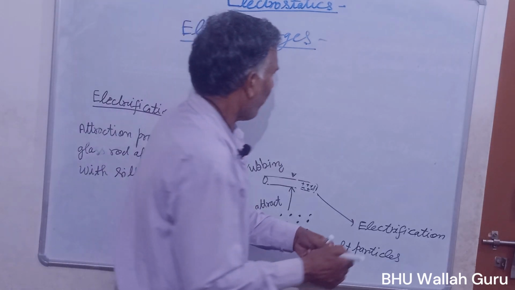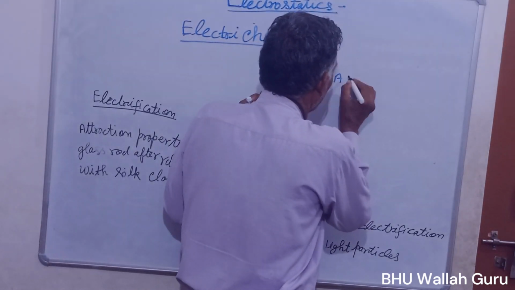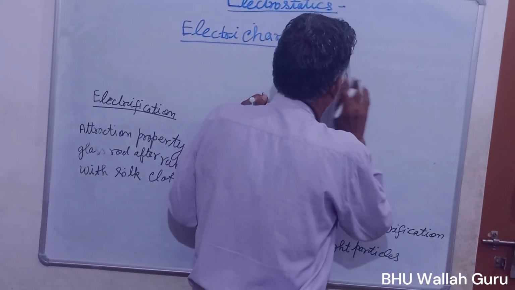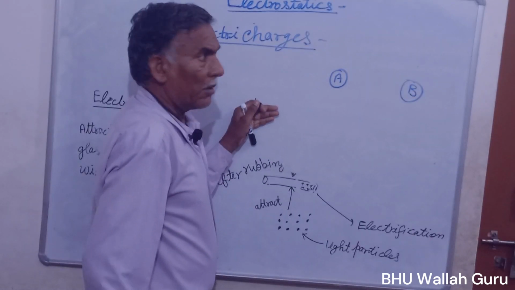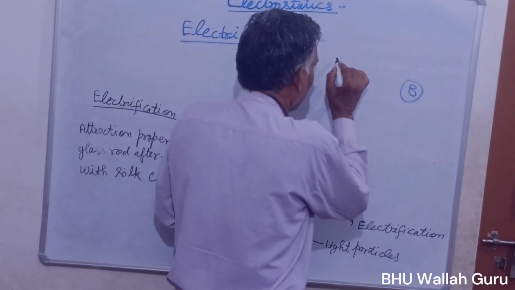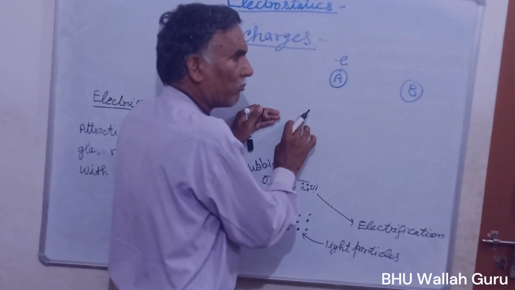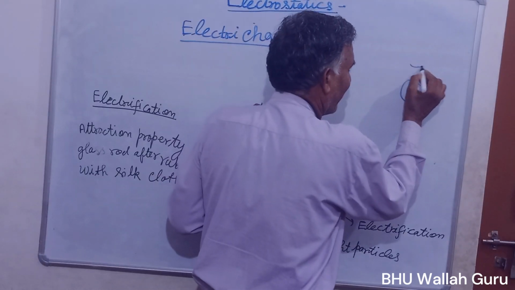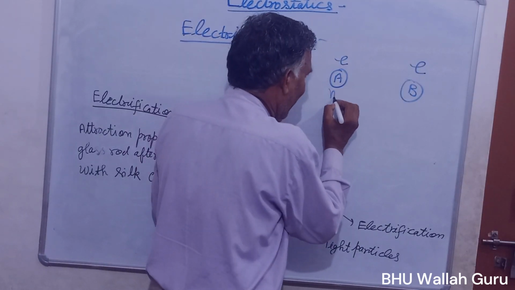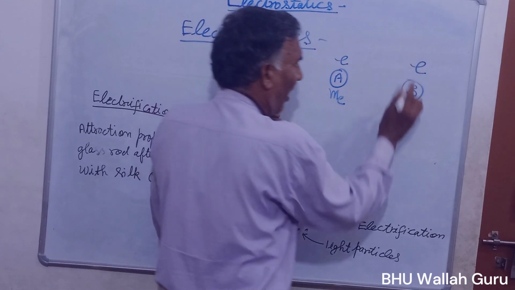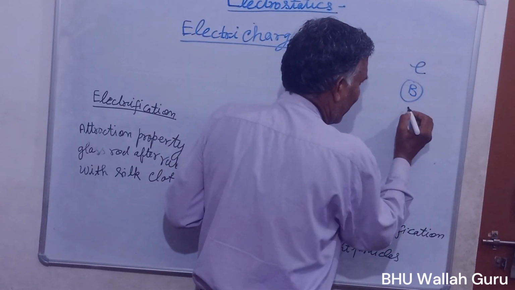Suppose there are two objects, A and B. If A is considered an electron, B is also considered an electron. The mass of this electron is m, and the mass of the other electron is also m.